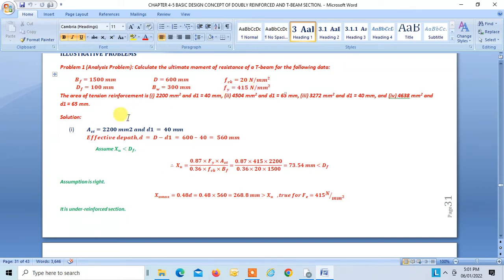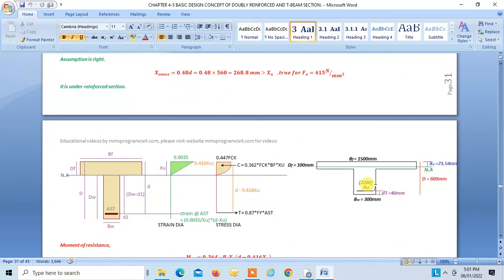Now the area of tension reinforcement is given. In case 1, the AST is 220 and D1 is 40. The overall depth is 600, so overall depth minus D1, where D1 is the effective cover for your tensile steel.